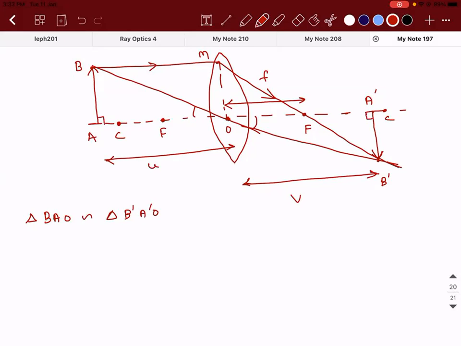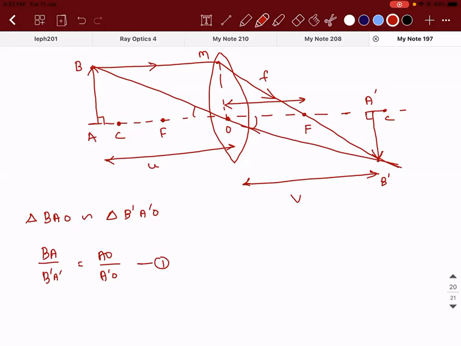So the other angle is obviously going to be the same. So BA divided by B dash A dash is equal to AO divided by A dash O. This is equation number 1.